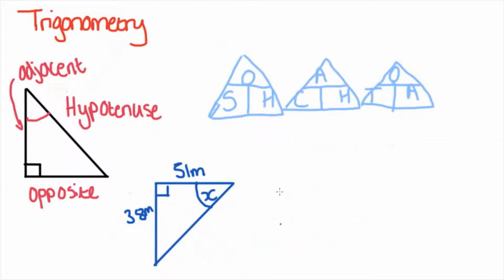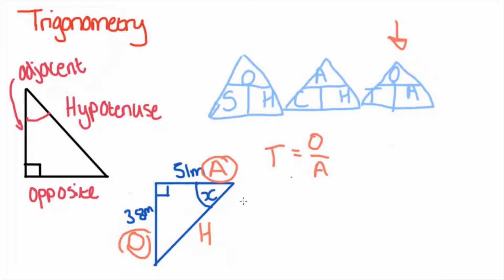Alright, so this time we have this triangle here, and now if we label the sides, this is our hypotenuse, this is our opposite, and this is our adjacent. So the two sides we're interested in are the opposite and the adjacent. So we're going to be using this triangle here. So we get T is equal to O over A, because we want to find the angle x.